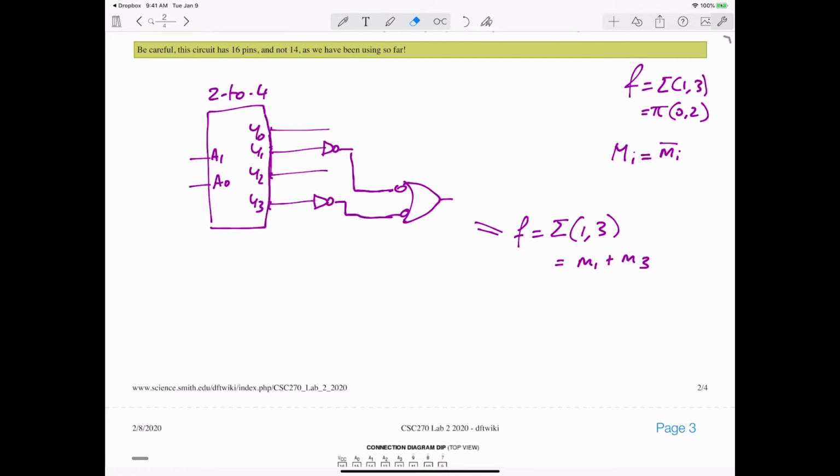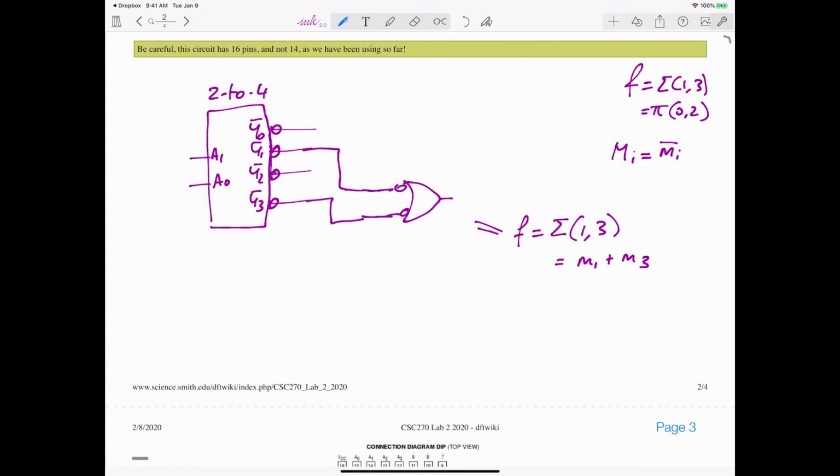All right, if I have a decoder with active low outputs, then that means that the outputs are already inverted, so I have the inverters inside, so I can directly remove these, and take 1 and 3.